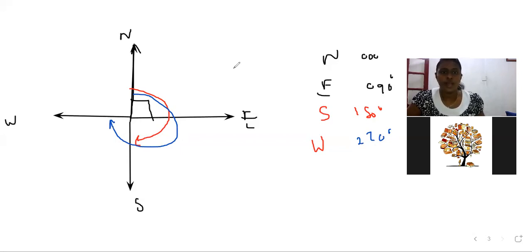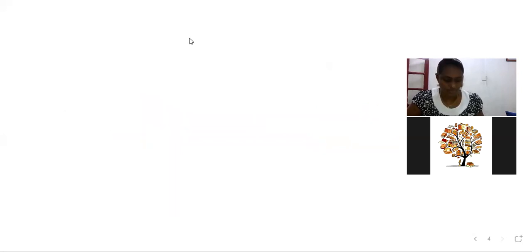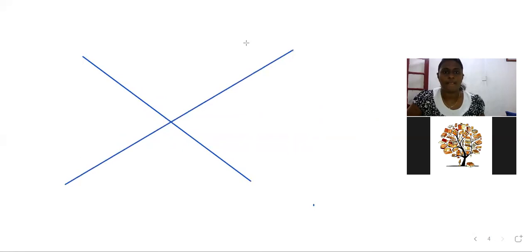Now let's see how to calculate the bearings of the subdirections. Simply think you have the major directions marked with dotted lines, and we are going to take values. Then it is easy to understand.